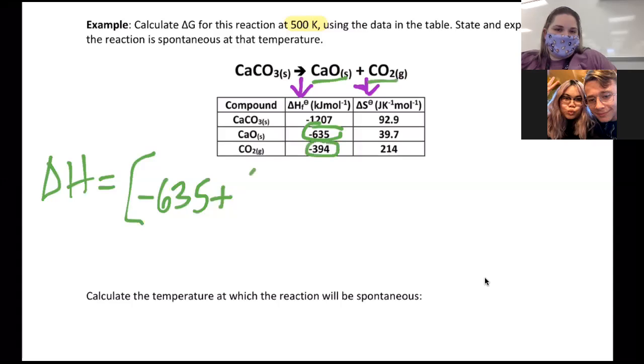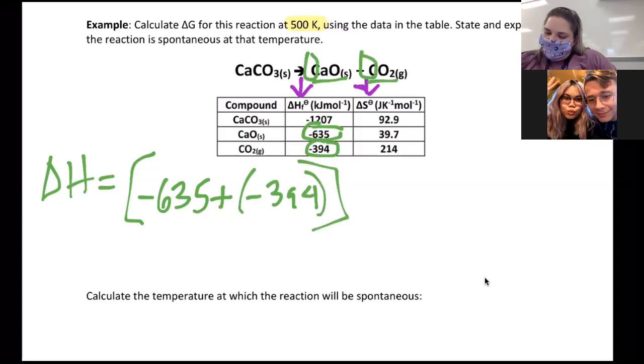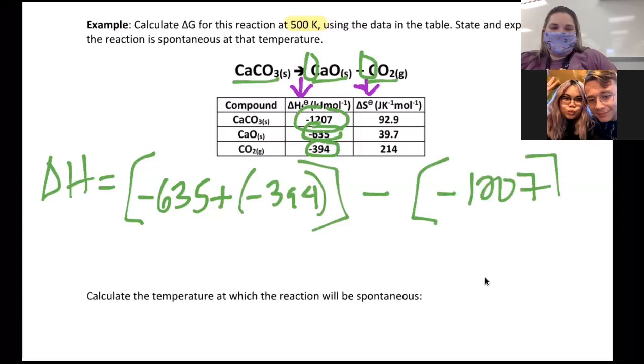I didn't multiply either of them by anything because neither of them has a coefficient up here, so they're just one of each. Then I subtract my reactant. I only have one reactant, the CaCO3, and it's negative 1,207. Again, it doesn't need to be multiplied by anything because there's no coefficient in front of the CaCO3. So when I do this, I'm going to get the answer for delta H that I then plug into that equation to solve for delta G.